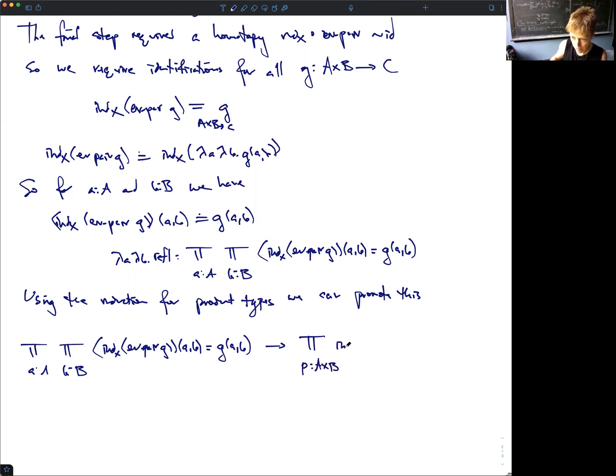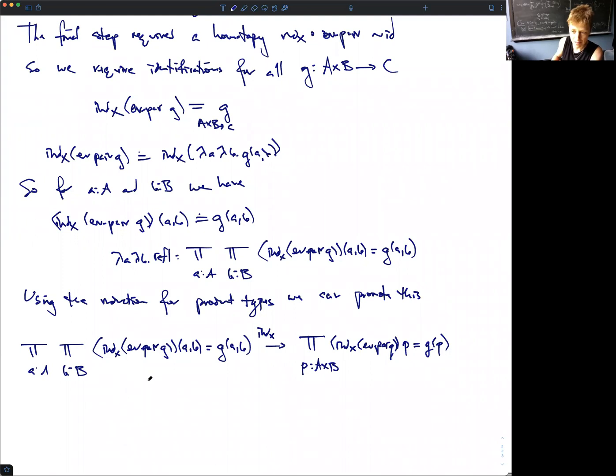So I could think about the induction applied to ev pair G evaluated at an arbitrary term P in the product type. And I can identify that with G of P because this induction principle for product types can be used to construct sections of arbitrary families of types over the product type. So that's what I've done here.